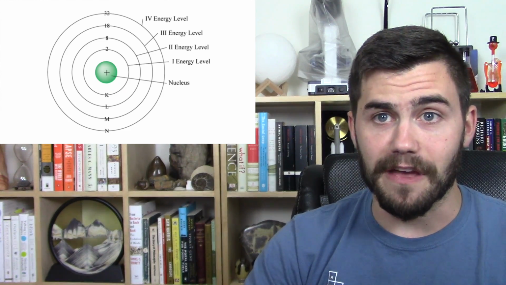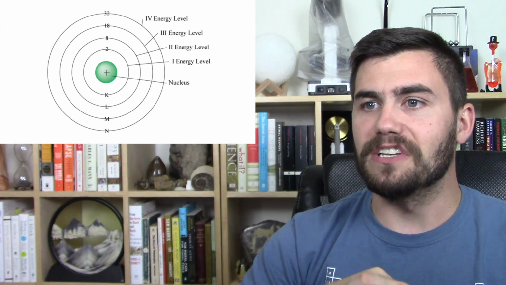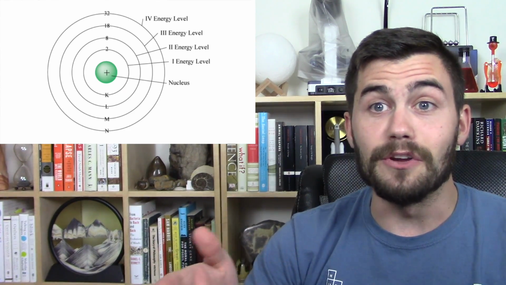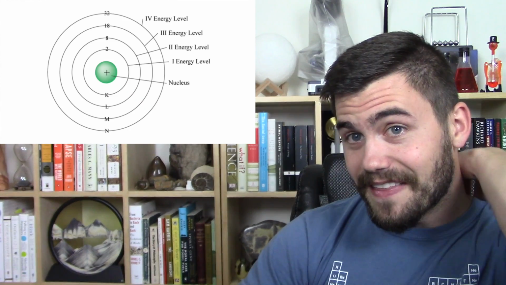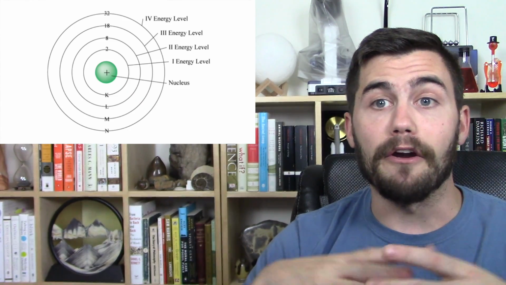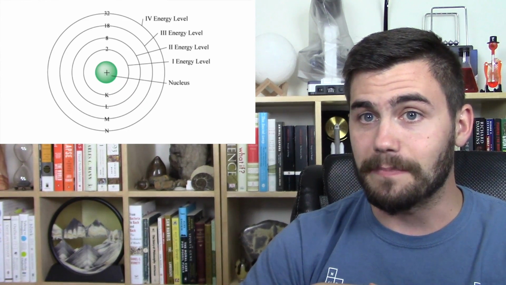There are only 4 of them shown here. There are way more than 4. But the first energy level, there are only 2 electrons that can occupy that energy level. When you go to the next energy level, there are a total of 8 electrons that can occupy that space.